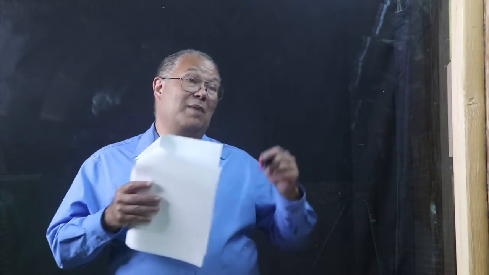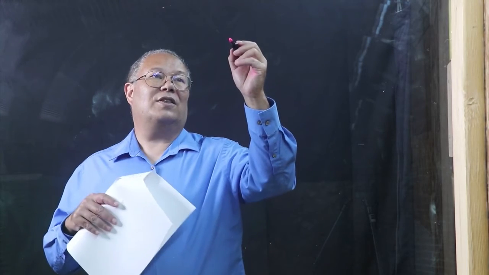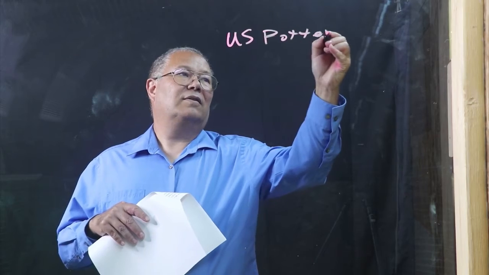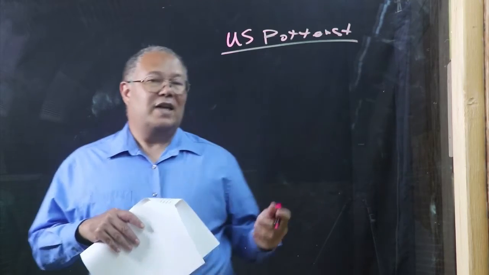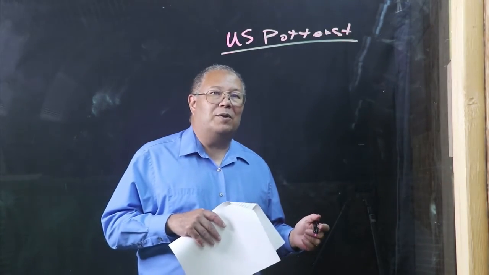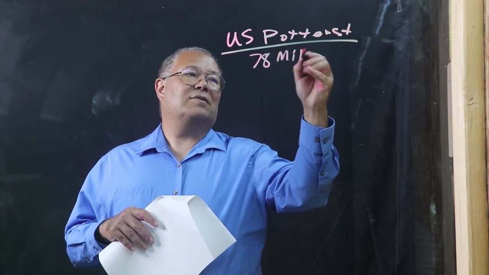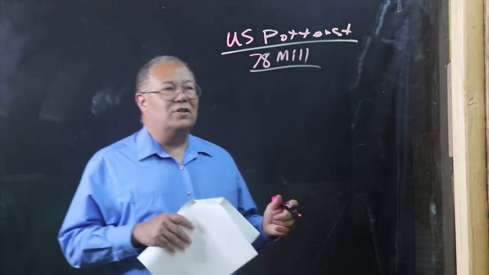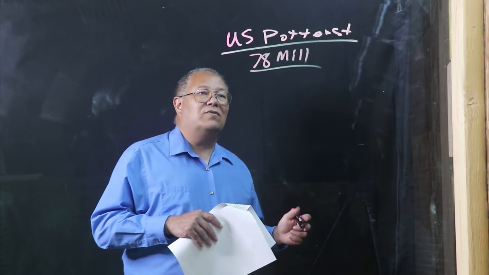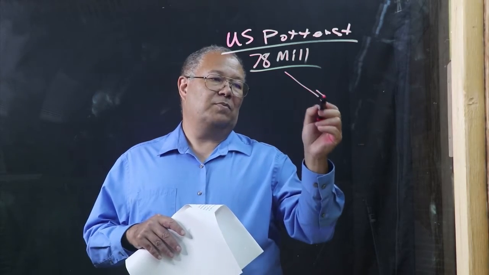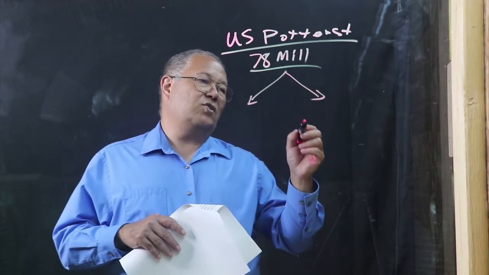But I built some tables here. Basically, I took the set of US patents, the text for all of them that was available, 78 million patents, and basically took that text, 58 gigabytes of data, and I loaded it into two different systems, and then I did some tests on those systems.